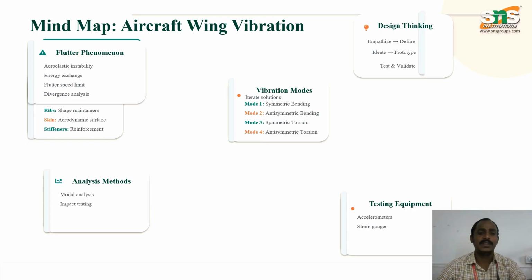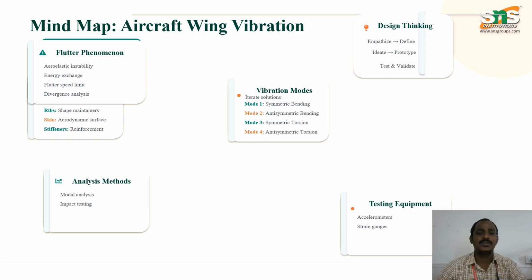Now coming to the aircraft wing vibration mind map to gather all the concepts discussed so far. At the center lies the aircraft wing as a vibrating system. The structural branch includes spar, ribs, skin and stiffness. The vibration branch highlights the bending and torsional modes during oscillation. The flutter branch focuses on aeroelastic instability, energy exchange, divergence and flutter speed limitation.